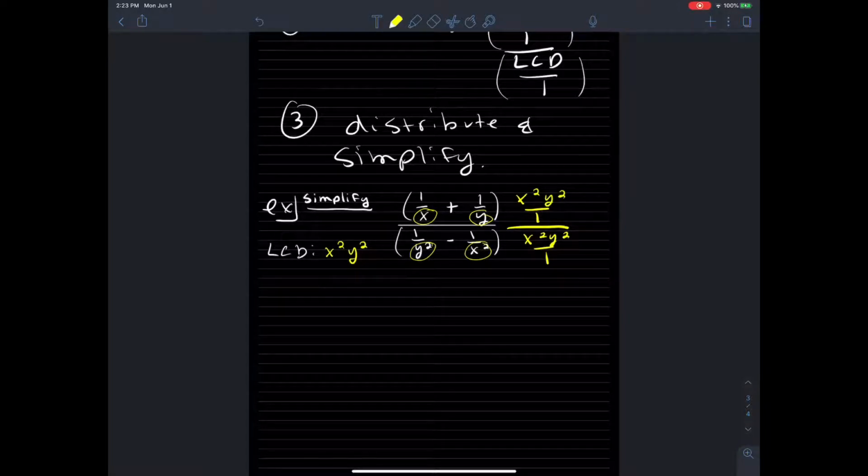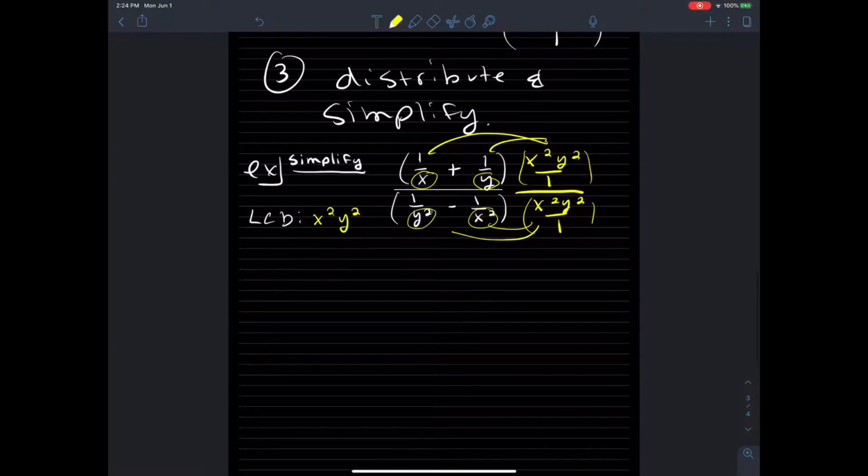So we take our LCD and multiply it top and bottom. Timesing it by 1 doesn't change anything. It just changes the appearance. We're going to distribute that to the numerator, distribute the bottom one to the denominator, and it should simplify a lot after that. So it's basically 1 over x plus 1 over y is my problem.